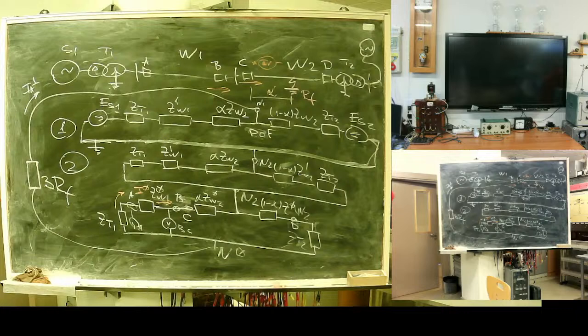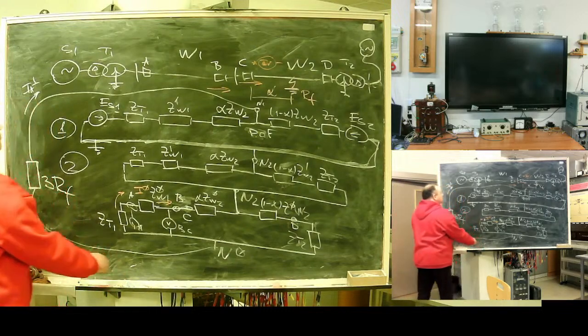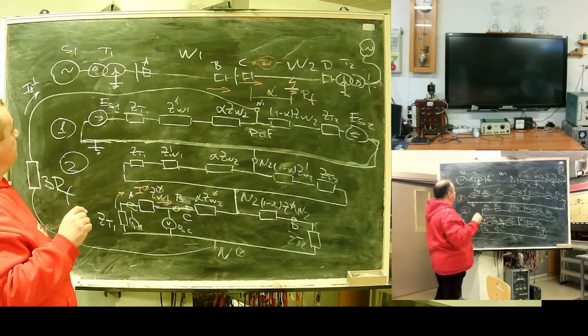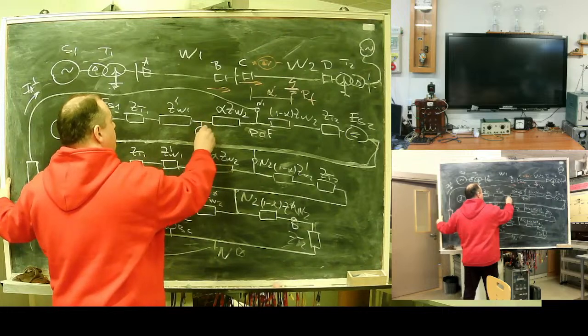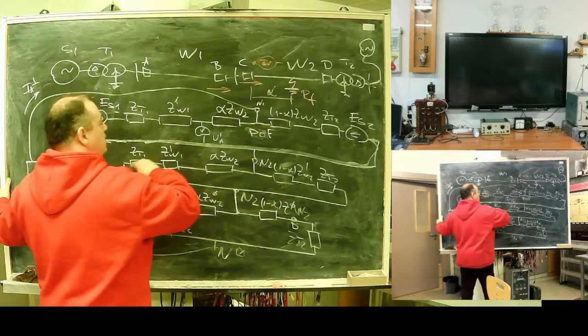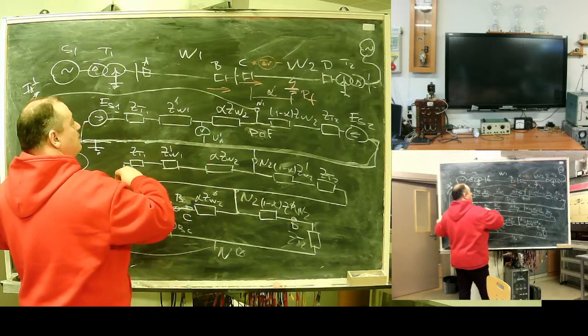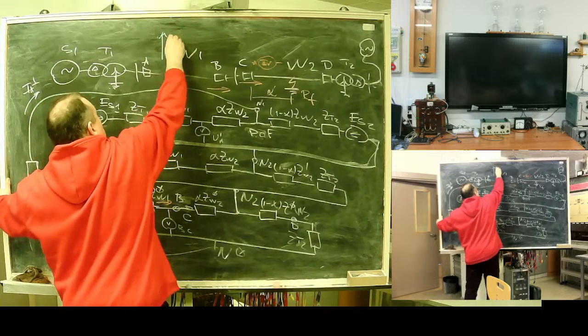If A phase voltage is plus, where does zero sequence voltage look? For example, here, this is zero sequence voltage A phase. It looks like this.